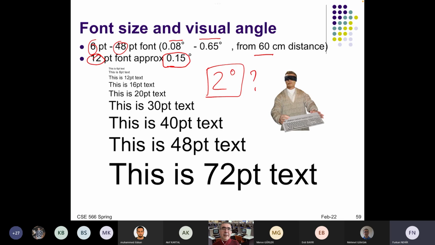If I ask this in class, at least certain answers will come up. Two degrees, each letter takes 0.15 degrees. How many letters will fit in 2 degrees if one letter takes up 0.15 degrees?